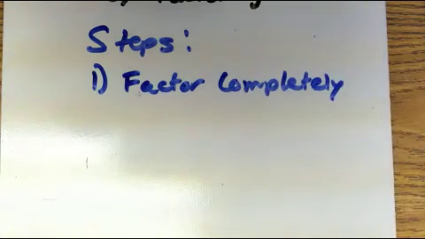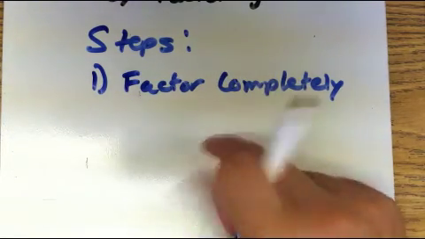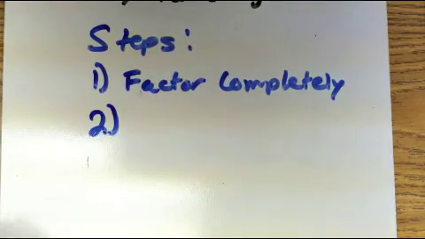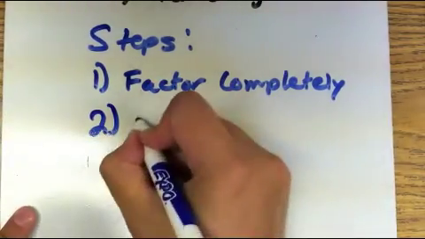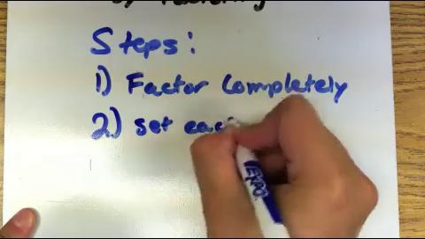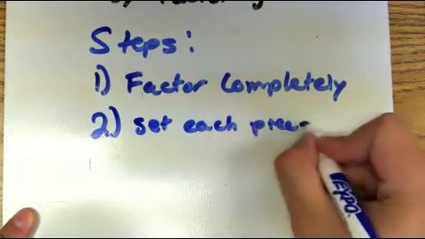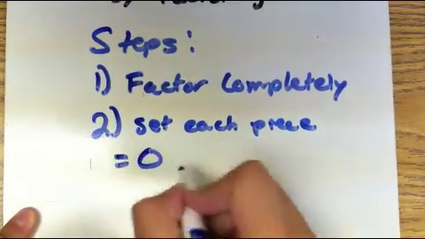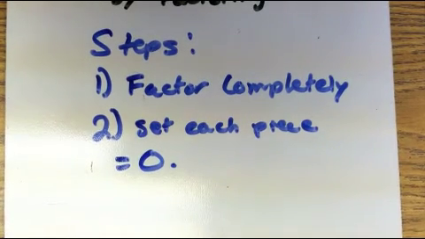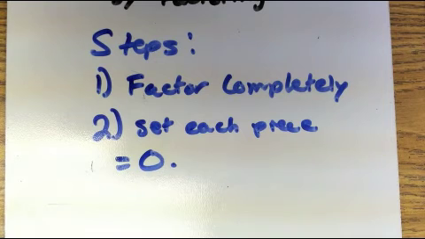We've got to factor totally to the furthest point. Once we do that, we're going to set each piece equal to 0. We're going to talk about what each piece means in a second when I give you an example. All right, so let's go ahead and actually try some examples.